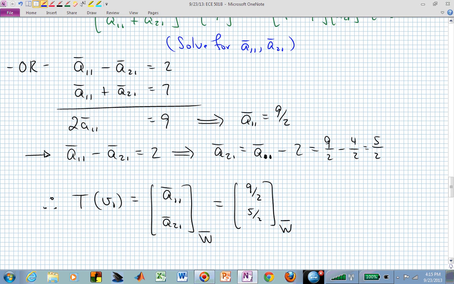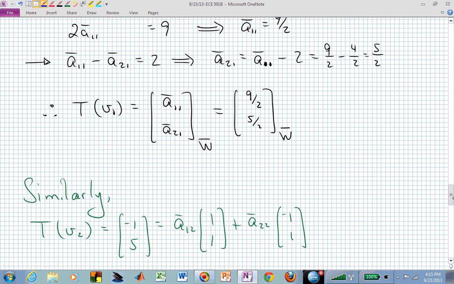Is that okay? So we're now taking 9/2 of the W1 bar and 5/2 of the W2 bar to produce this same location. It's the same map, it's just now we have different numbers that represent that linear map.